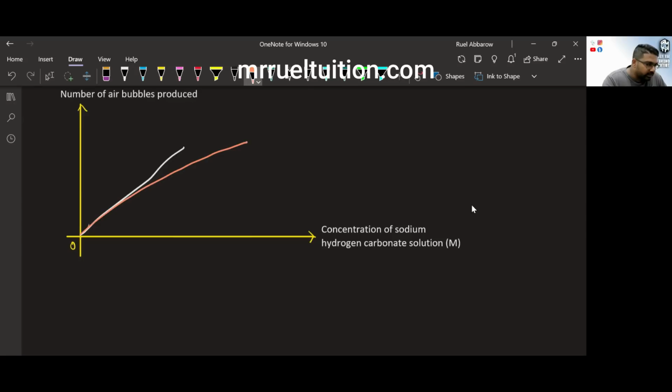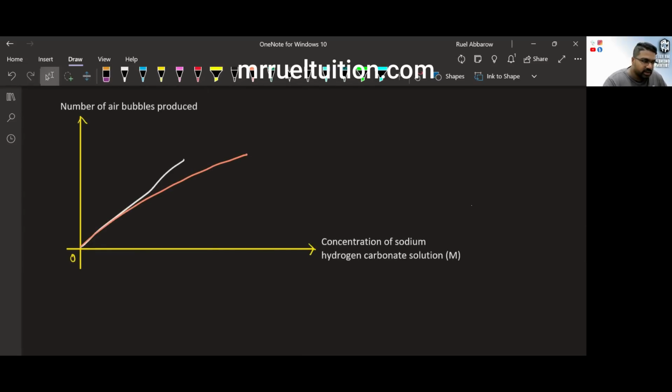I doubt you will get the full curve, because you won't reach the point where the concentration of carbon dioxide is already maximum, for which the other factors start becoming the limiting factors. I doubt you will reach that. So your graph will probably either be a straight line or a slight curve like that.